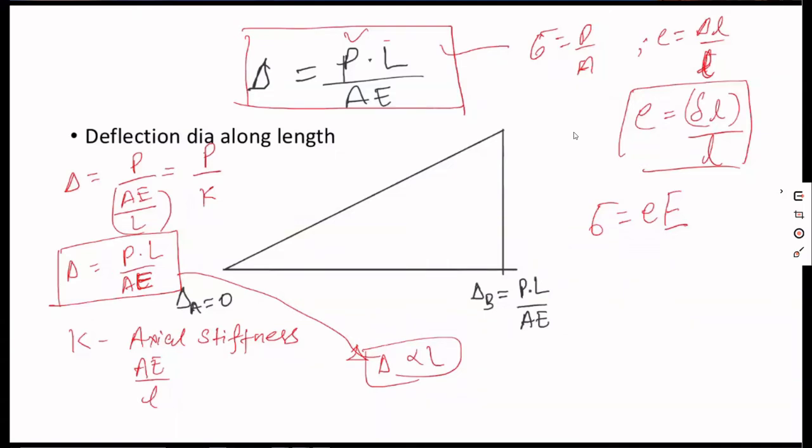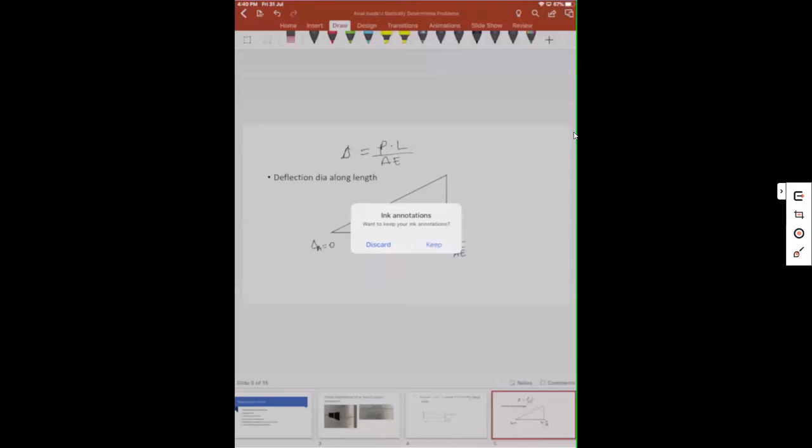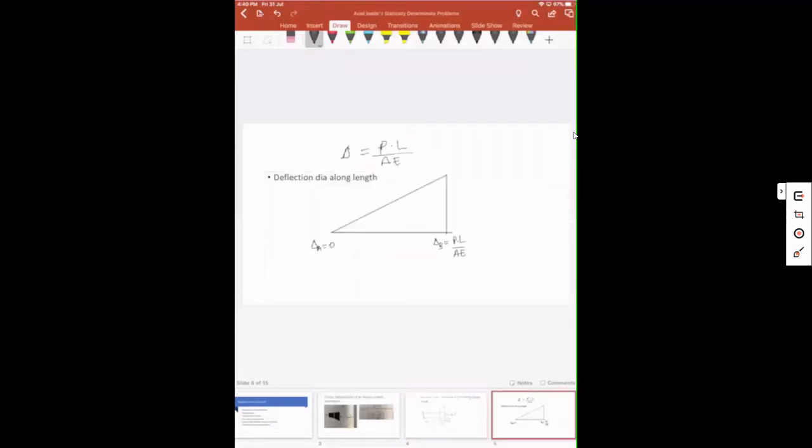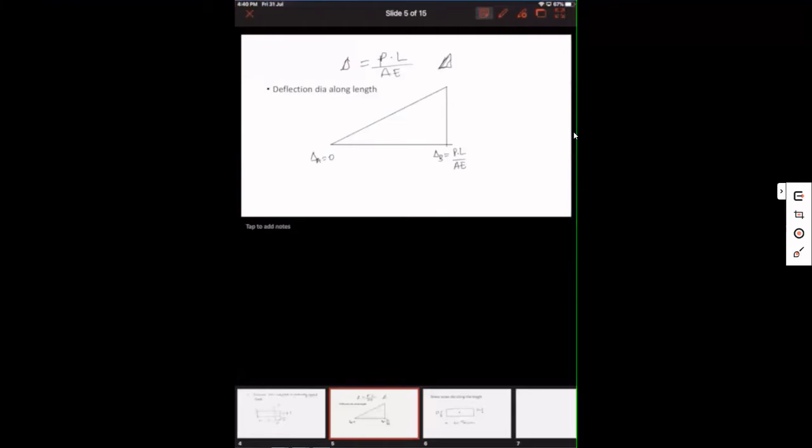Let's go on back page. Let us suppose we are taking a section here. So my delta is equal to, the deformation at X is equal to P into X upon A into E, and let's suppose this A and E is not changing.